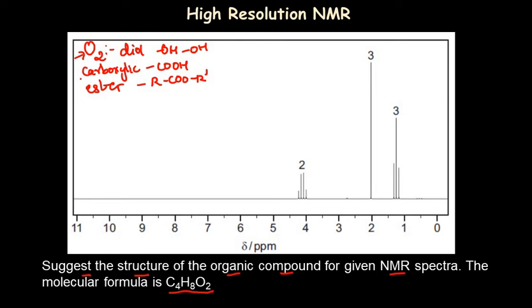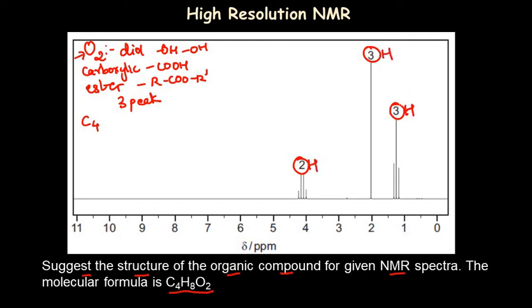But the first thing we need to remember is that we have C4, and the number of peaks produced is 3. And the number denoted here gives the number of protons responsible for this signal.